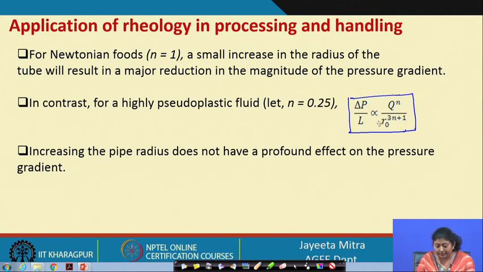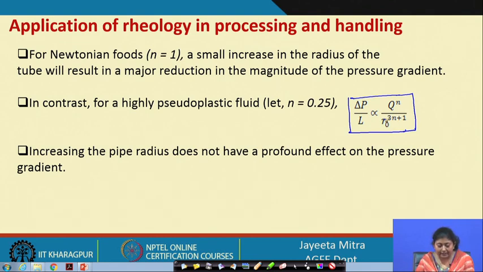R0 is the radius of the tube. Okay. So, if n equal to 1, then this delta P will vary as 1 by R0 to the power 4. So, a small increase in the radius R0 of the tube will result in major changes in the pressure gradient.